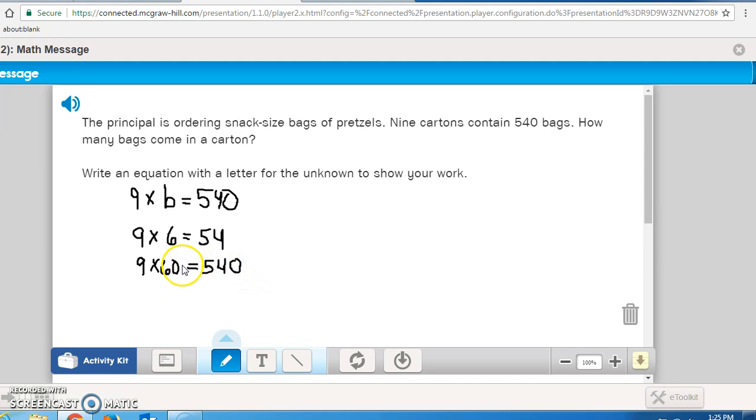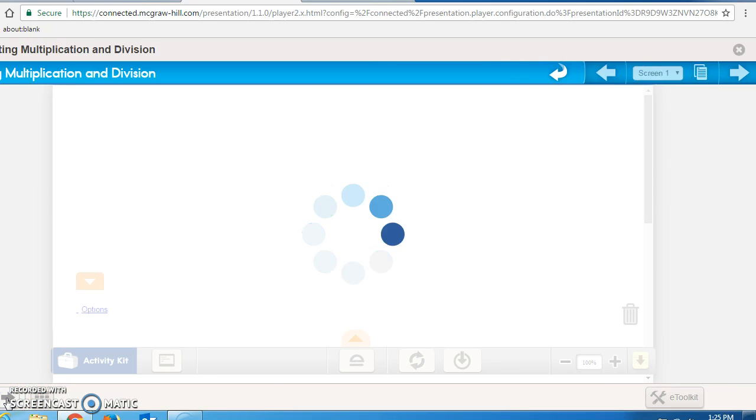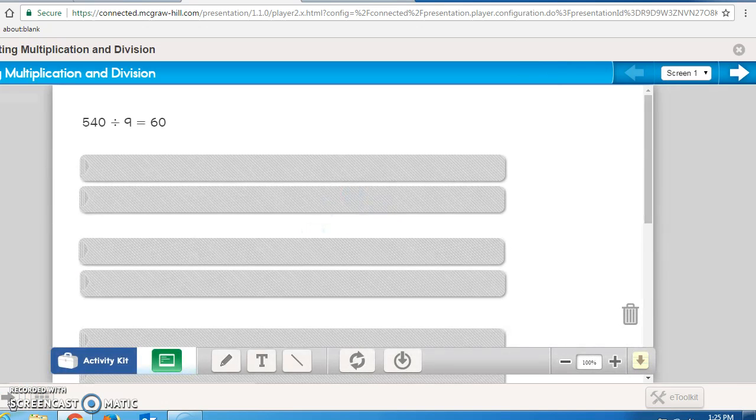I used extended multiplication to solve the fact. I first figured out that 9 times 6 was 54, and then I extended it to show that 9 times 60 would give me the answer again that I was looking for of 540.